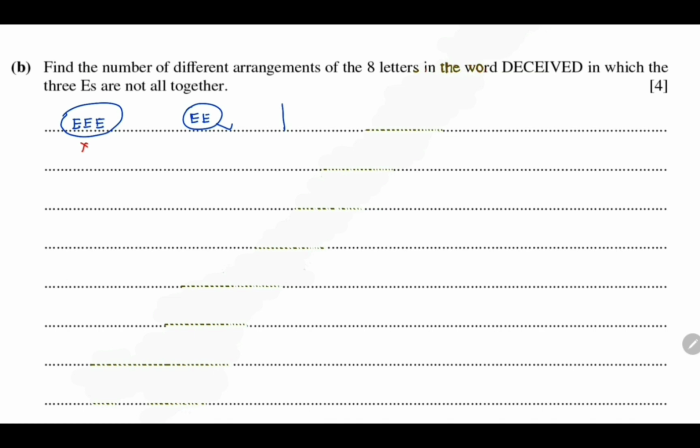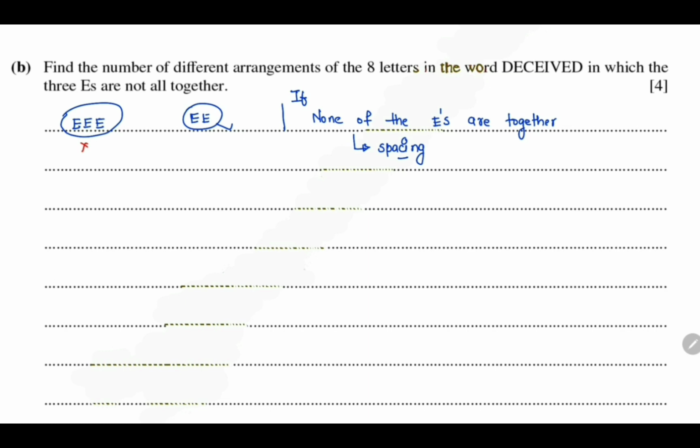So let me explain to you. If it was given that none of the E's are together, then we would have to use the spacing method to solve this.